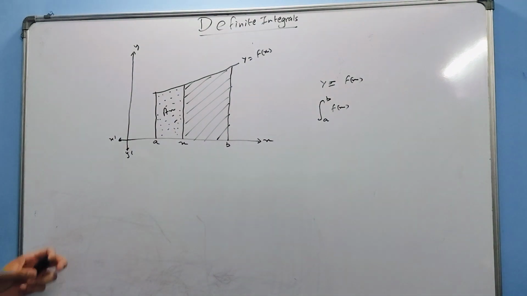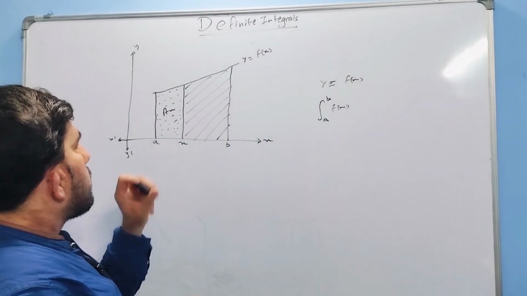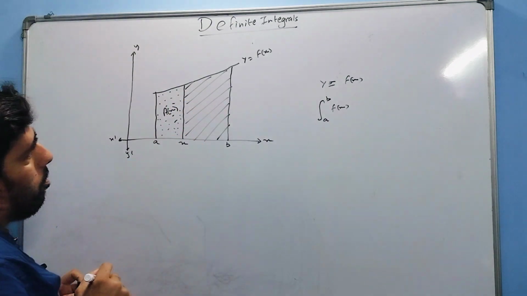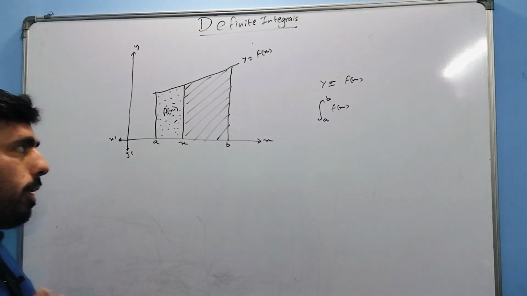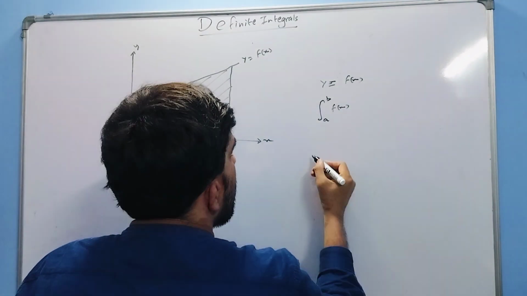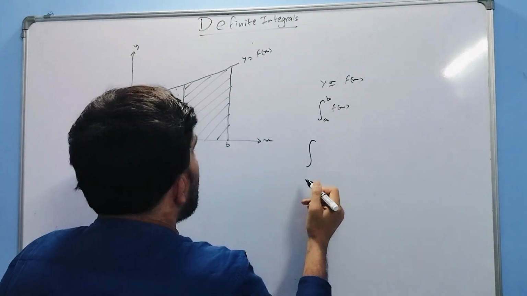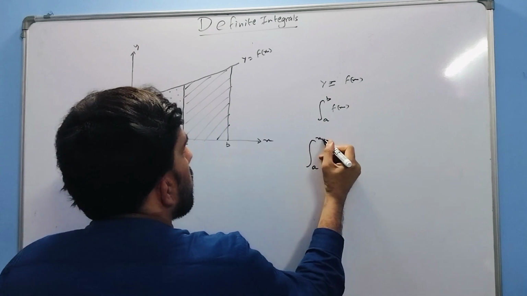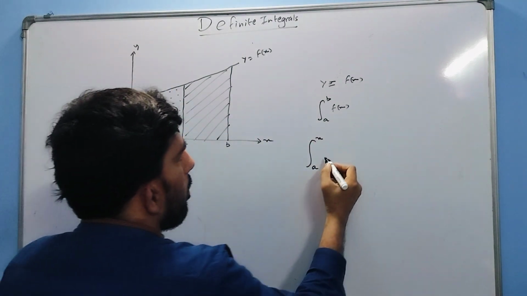Now if we say here that A(x) is a function of x, so we will say A(x) is the area of that function, so we can represent it as the area from a to x, representing this region.